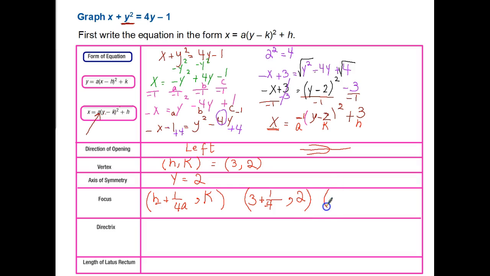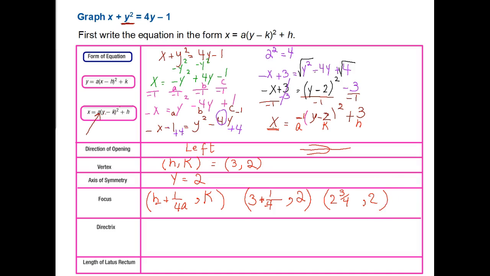Now let's simplify. So this is just like saying 3 minus 1/4, which is 2 and 3/4, comma, 2.